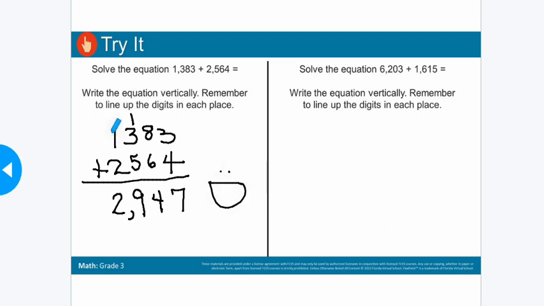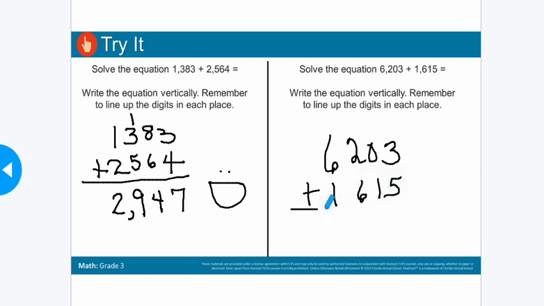Let's go ahead and get ready to look at this next one. So I have 6,203 plus 1,615. Gonna start at the ones place values. So 3 and 5 is 8.